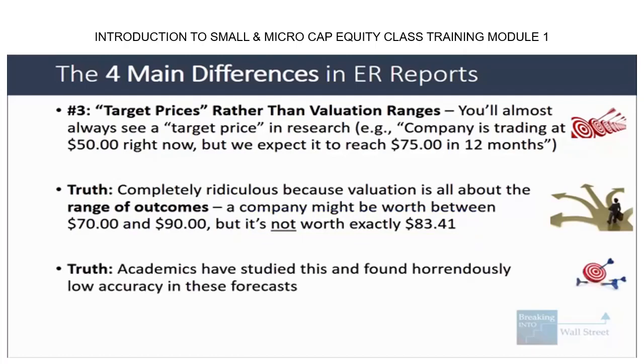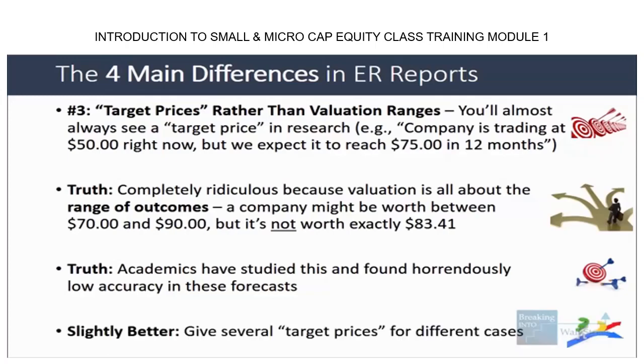And it's not just myself who thinks this way. Academics have actually studied this issue and found horrendously low accuracy in these forecasts, largely because equity research analysts have to assign some kind of target price rather than giving a range. I don't know exactly why they do this, but it is sort of just the industry standard practice.